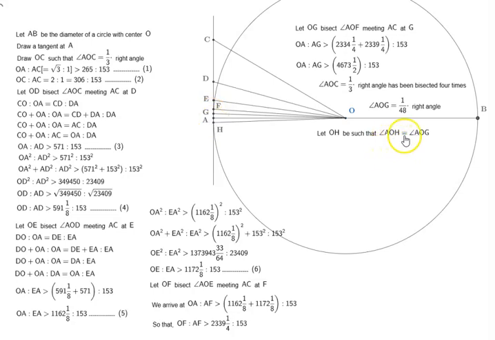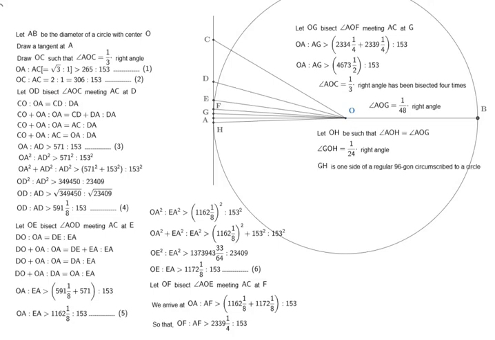Now, AOH is equal to AOG. That means angle GOH, that is sum of these two angles, is equal to 1 by 24th of a right angle. This is as far as a right angle is concerned. That means 1/4 of the circle.